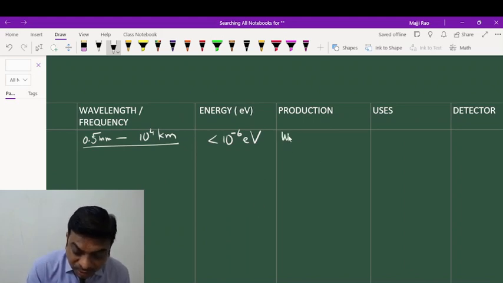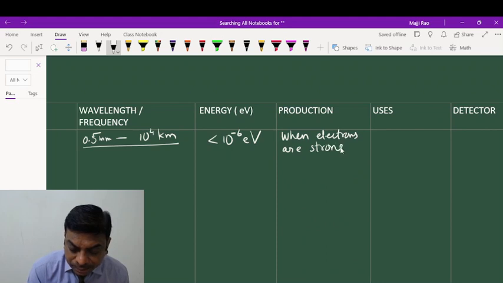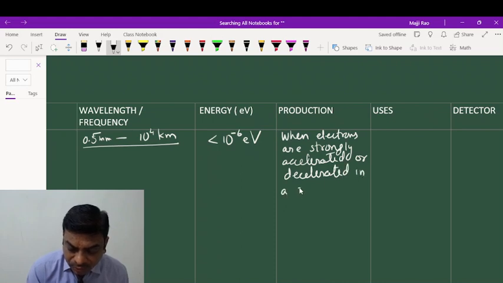Production wise, when electrons are strongly accelerated or decelerated in a circuit containing a simple wire.